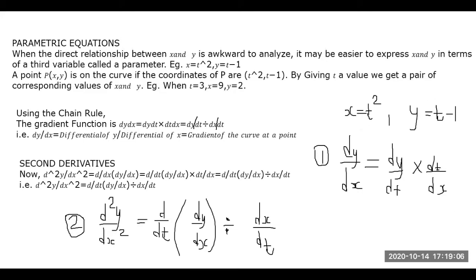Let's look at some examples, which is always good. Say, in example one, we have x is equal to 3 minus sine t, and y is equal to 3 minus cosine t.